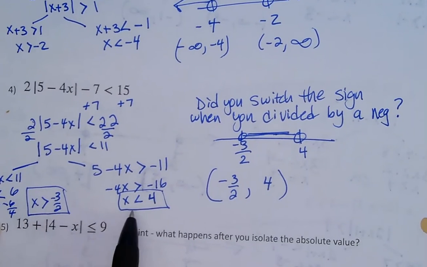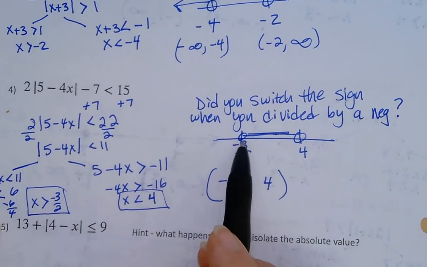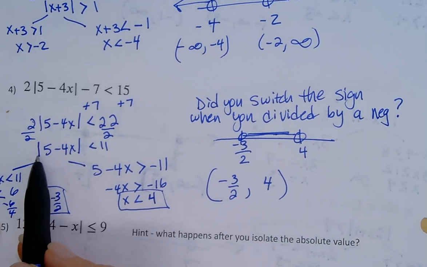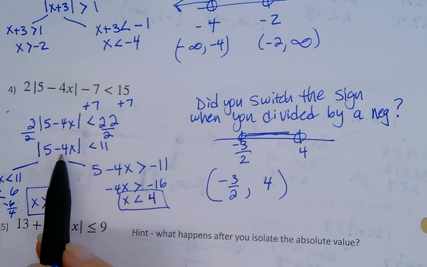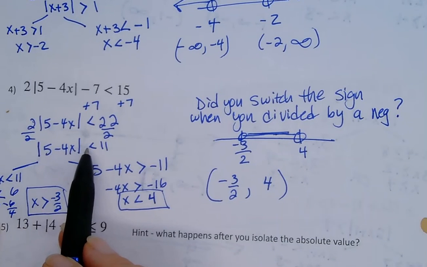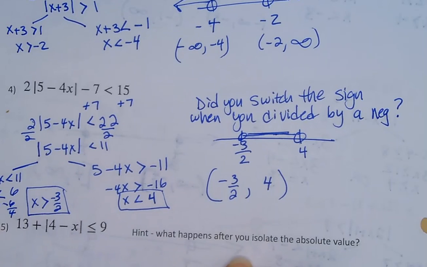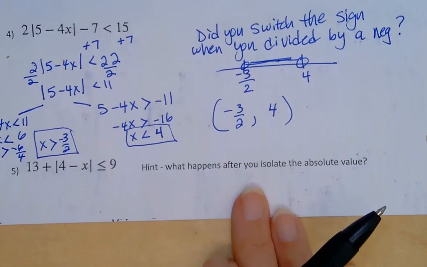If you switched your signs, you're going to see that you have to be the combination, anything that is true for both of them. Also, once we isolated our absolute value section, that is less than 11, and so we know less than gives us an and, and so we expected it to be an and.